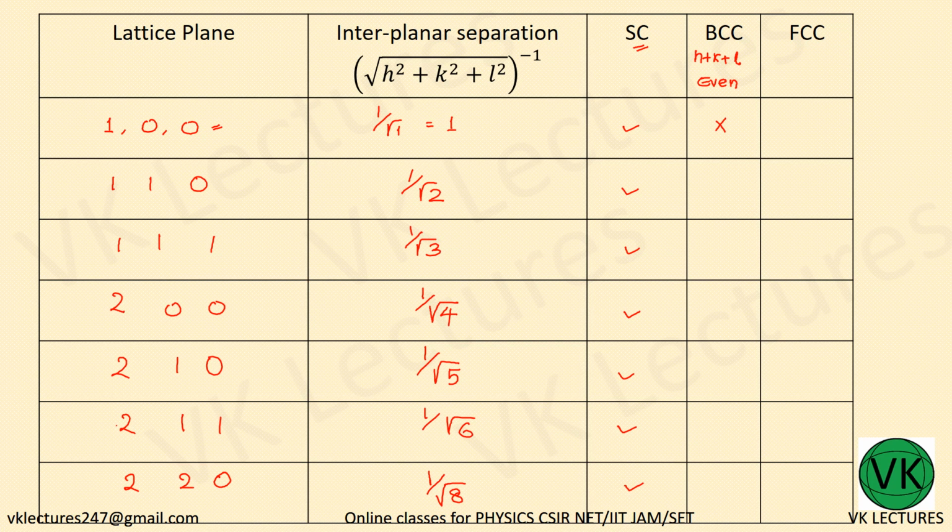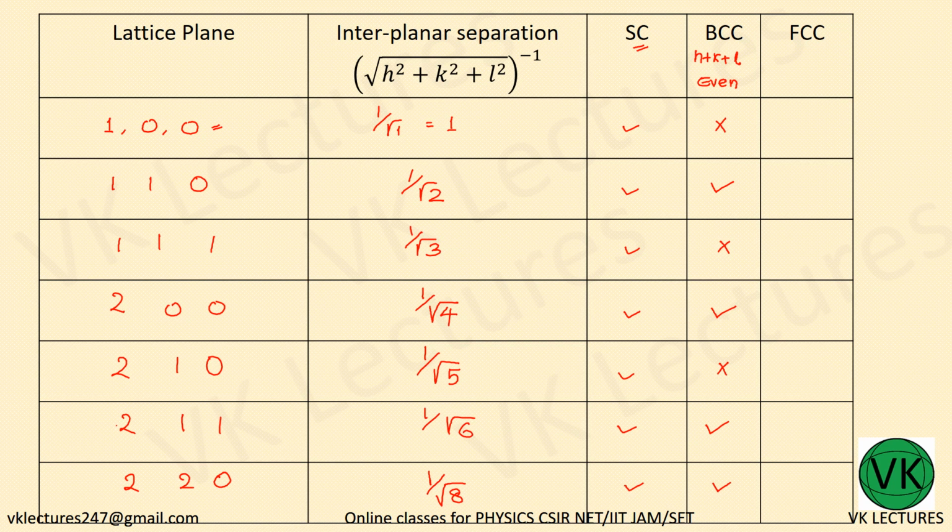For the second case, 1 1 0, it is 1 plus 1, 2, plus 0, which is considered even, so it is Bragg reflected. Coming to the third, 1 1 1, the sum is not even. For 2 0 0, again it is a Bragg reflected plane. For 2 1 0 it is not. For 2 1 1 it is a Bragg reflected plane, and 2 2 0 is again a Bragg reflected plane.